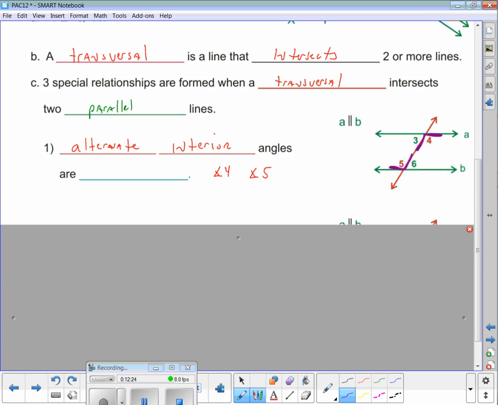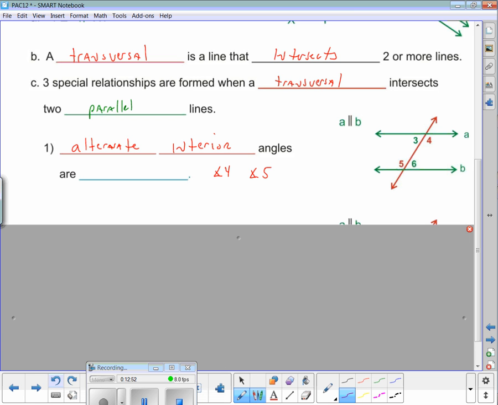They're on the inside of the two parallel lines. Angle 4 is inside between the two parallel lines, and angle 5 is inside between the two parallel lines. And that's why we call them interior. So those two parts, one's on one side of the transversal, the other's on the alternate side, the other side, so alternate. And they're both between the parallel lines, so alternate interior.